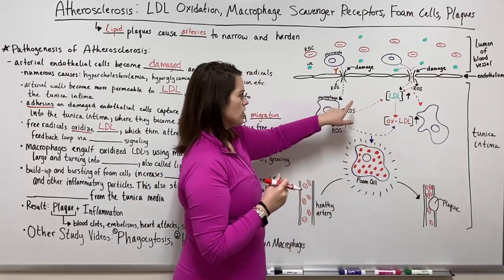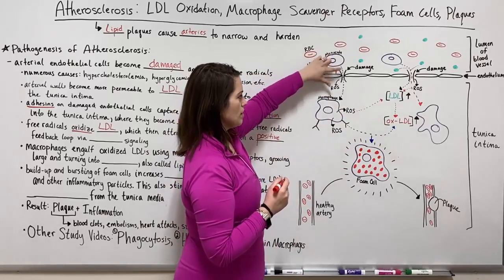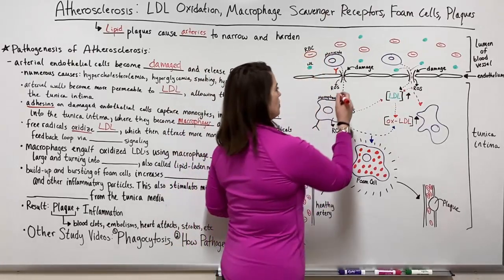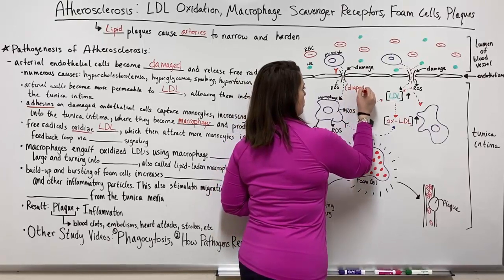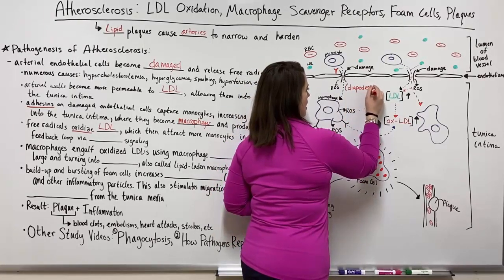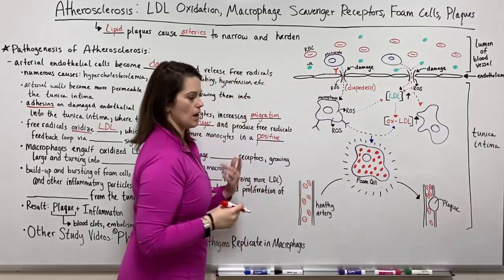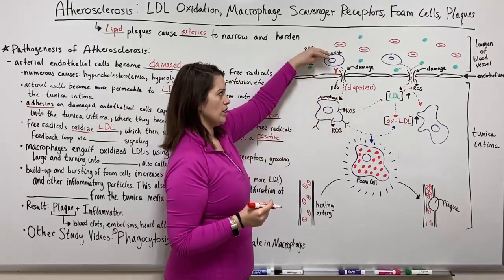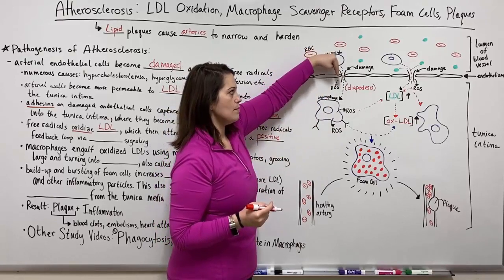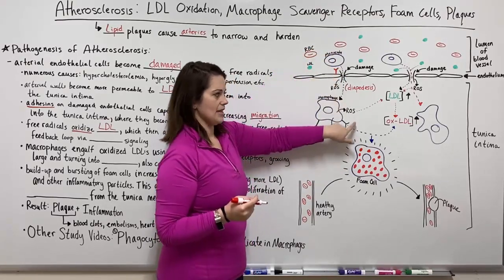I also want to mention that the movement of the monocytes into the tissue, I'm going to put this in parentheses here, is through a process called diapedesis. That's just the process through which they flatten and move through the small space to get into the tissues.